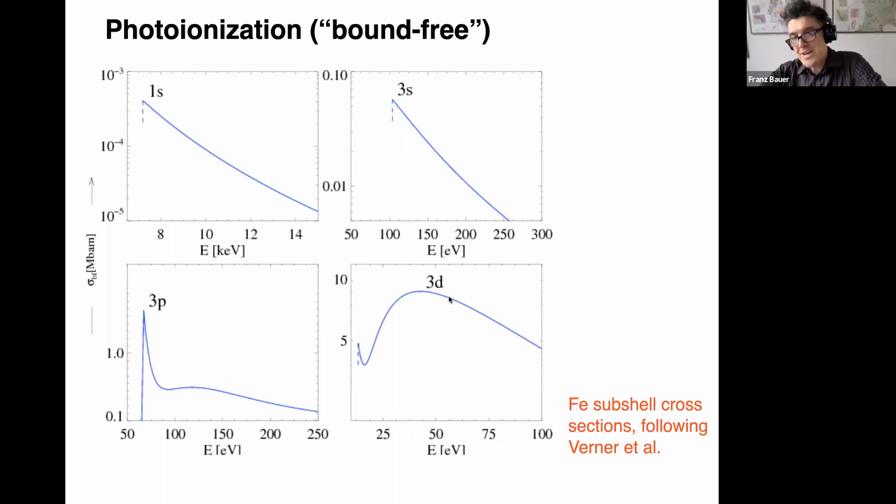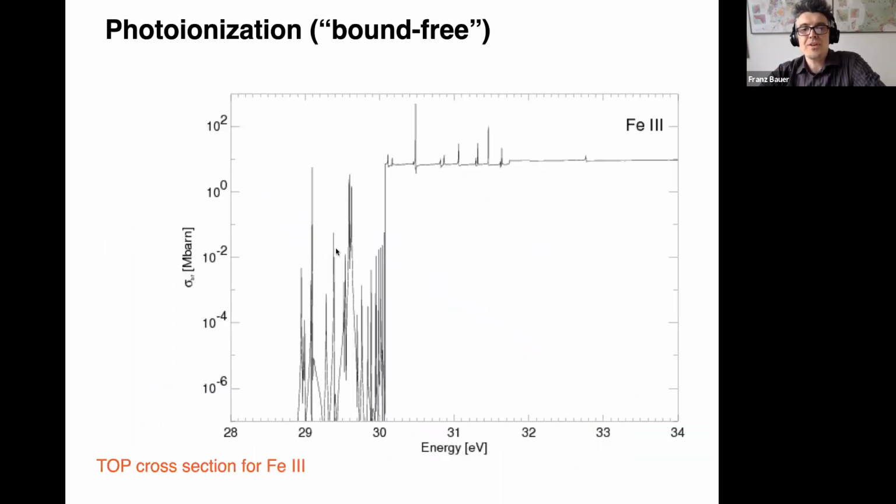So these are nice, and you can use these. How well they actually compare to reality is a different question. This is a cross section from the TOP database, which is from the laboratory.